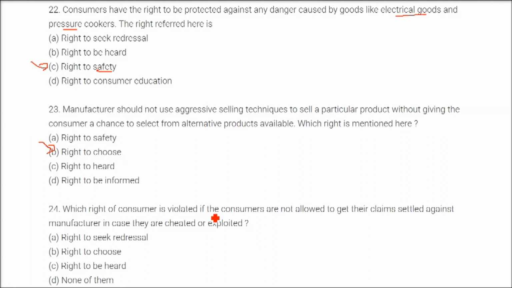Which right of the consumer is violated if consumers are not allowed to get their claims settled against the manufacturer in case they are cheated or exploited? The answer is right to seek redressal. If something happens, the consumer should apply and is allowed to go wherever he wants to get justice.